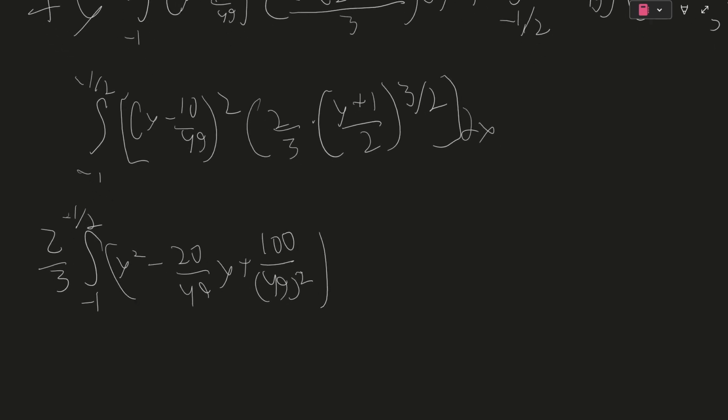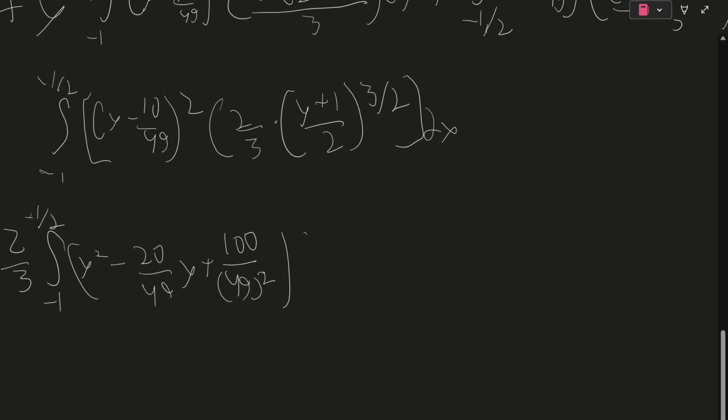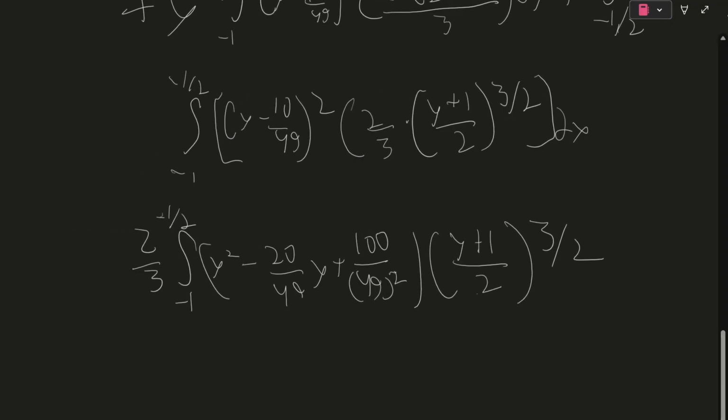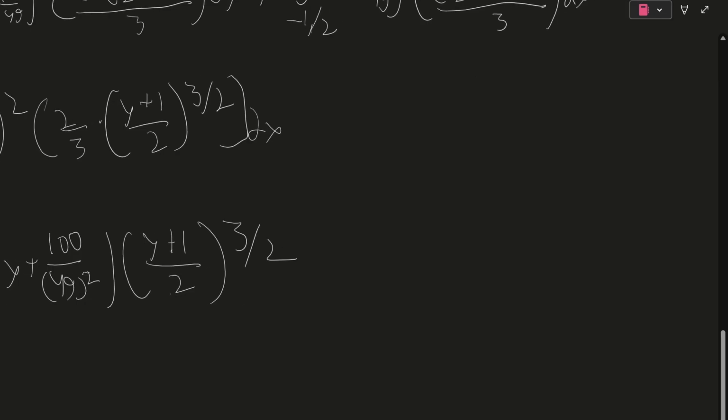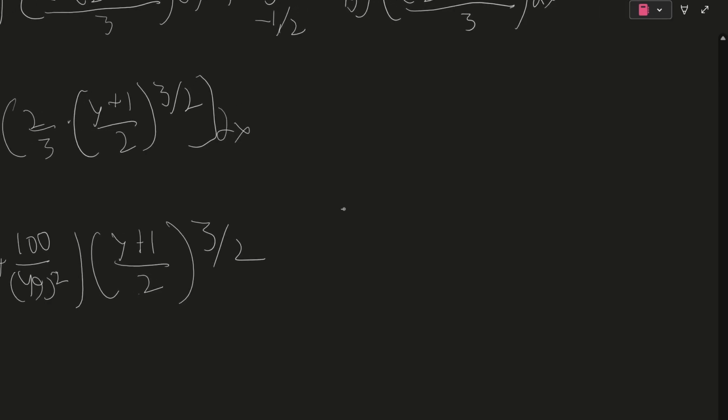And now this is multiplied by (y plus 1 over 2) to the 3/2. And so what we're going to go ahead and do is create a u substitution. So we're going to say u is equal to y plus 1 over 2.